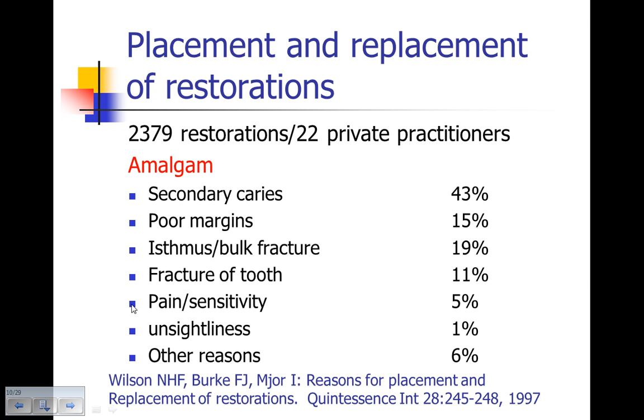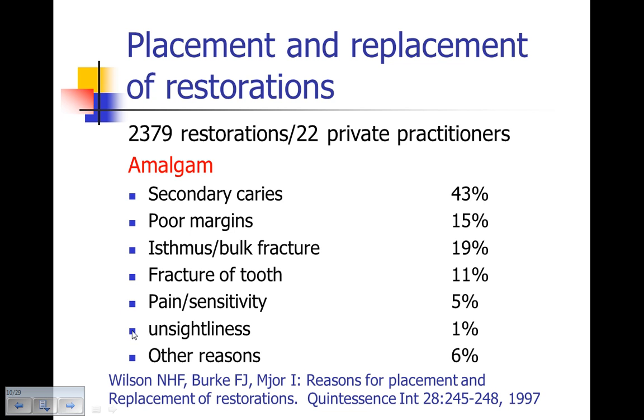They added the category of pain and sensitivity as a reason for replacement. Pain and sensitivity may relate to the fact that restorations of amalgam in posterior teeth sometimes contribute to a crack in the tooth, a fracture, so that when the patient bites down, the tooth becomes painful, and that's a reason for replacement.